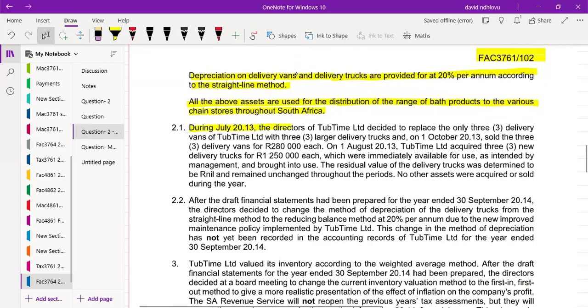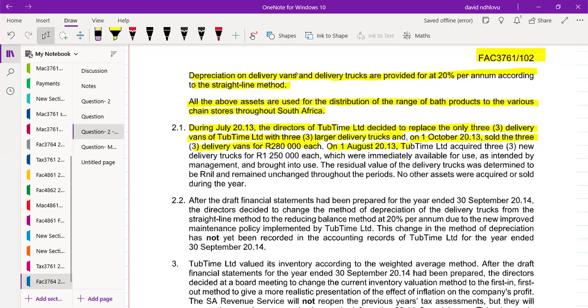Right, during July, the directors of Tap Time decided to replace the only 3 delivery vans of Tap Time with 3 larger delivery trucks. This was in July 2013, which was in the prior year. Then on 1 October of the year 2013, they sold the 3 delivery vans for 280 each.